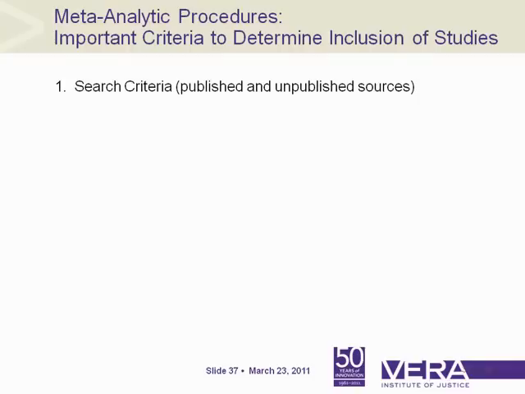So we look at both published and unpublished, which I'll sometimes refer to as the gray literature. There are a lot of good outcome evaluations done by government agencies or various institutes, and that's something we keep in mind when doing our literature searches.